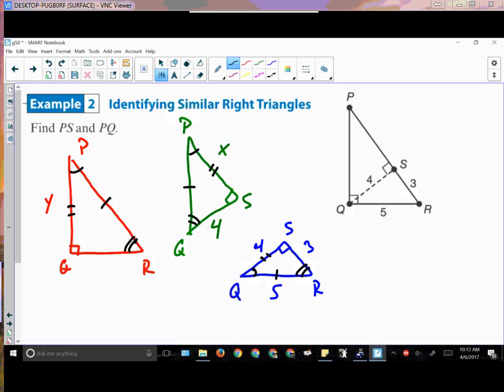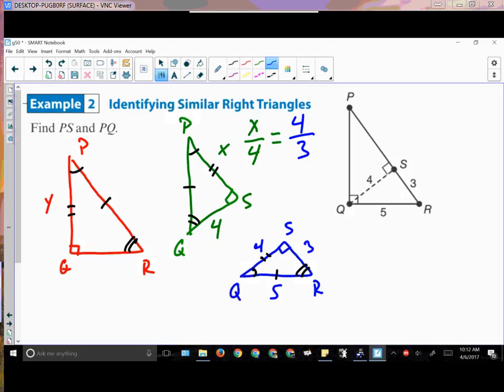So if I want to go and solve this one, this ratio will end up being X over 4 is supposed to be equal to, down here, which corresponds to X? Well, X corresponds to this side, so that's going to be 4. Okay, then I need the 4. 4 is on the blank side. What's the blank side over here? 3.